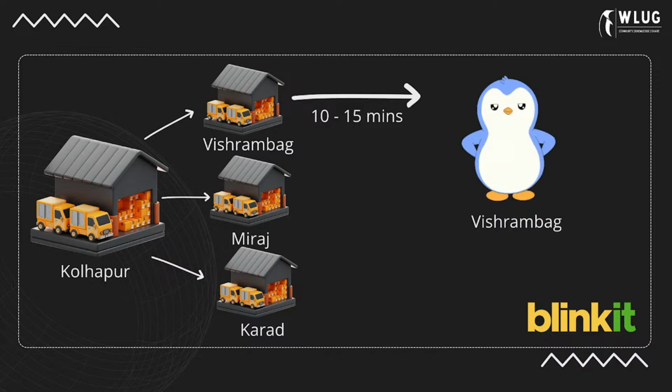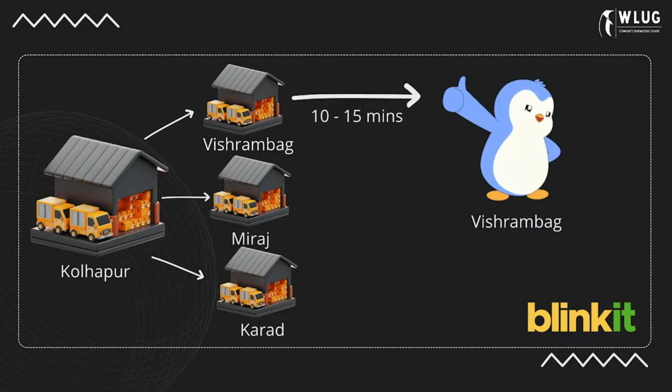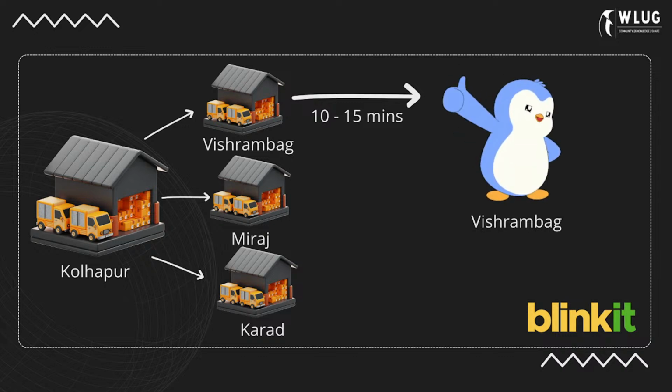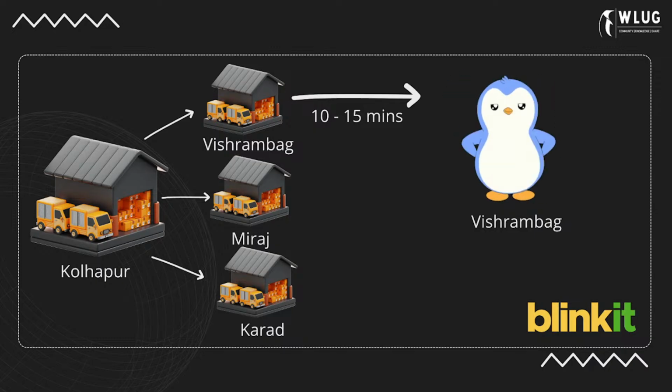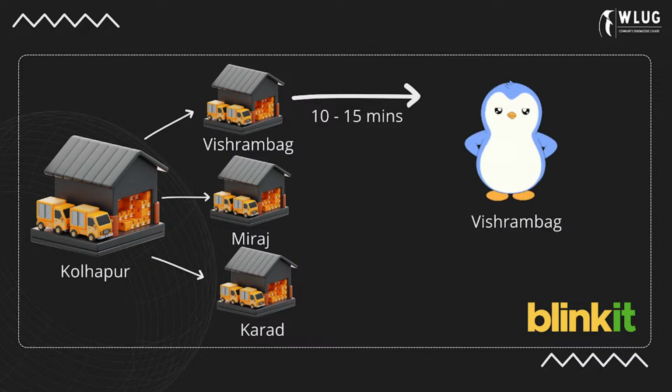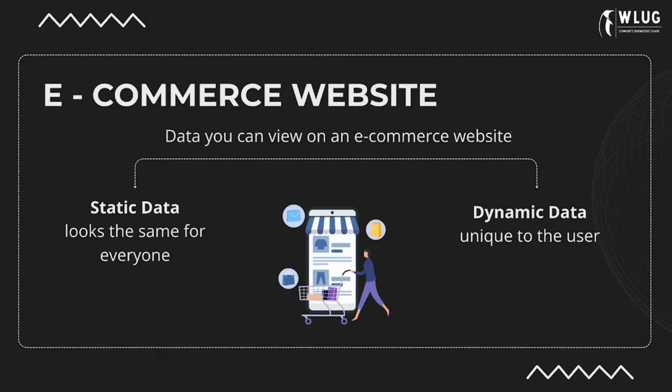In that case, you will go to the Miraj warehouse since it's still relatively closer and does not have as much load, so that it can process our order faster. That is what a DNS routing system does. It guides you to your nearest, most optimal edge server.